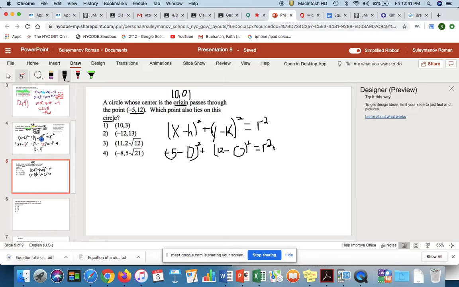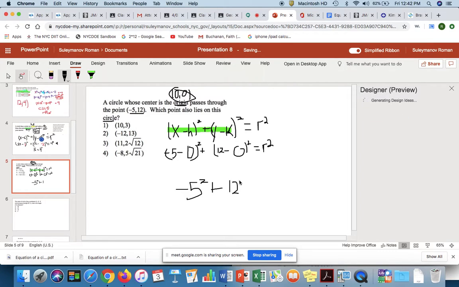If some of you were watching some of the videos I posted, maybe you saw this. This is the unit circle. So when you have 0, 0 as the origin, you don't have to use this formula, because since h and k are 0, you're just left with -5 squared plus 12 squared equals r squared.